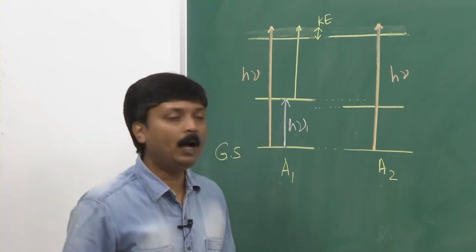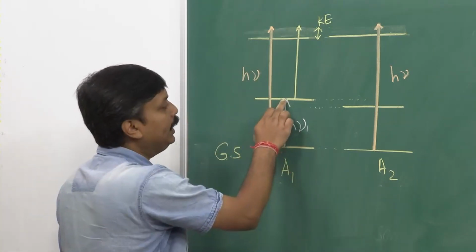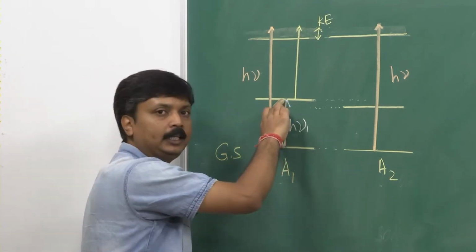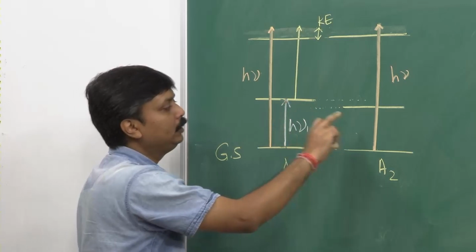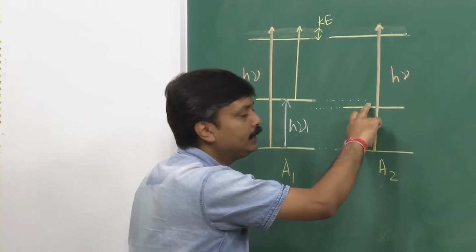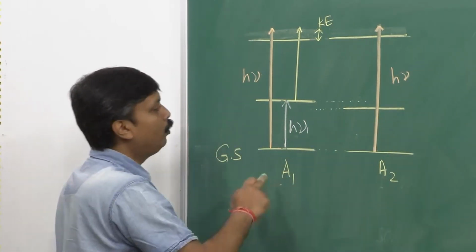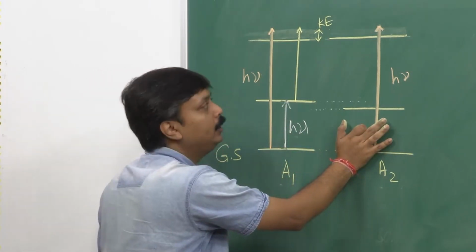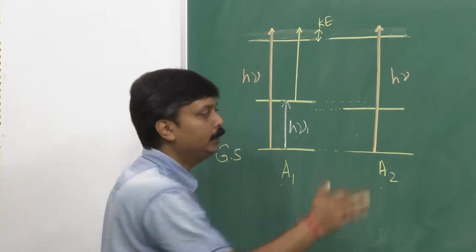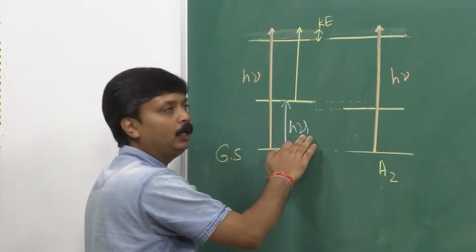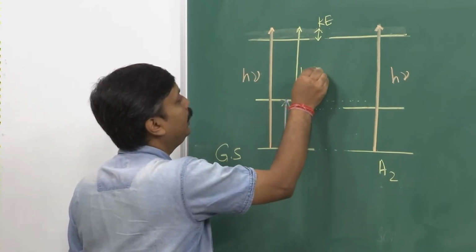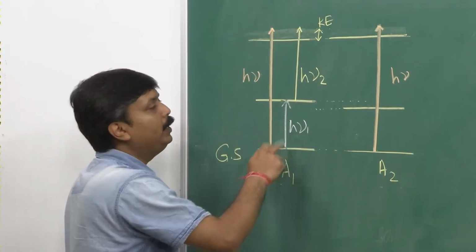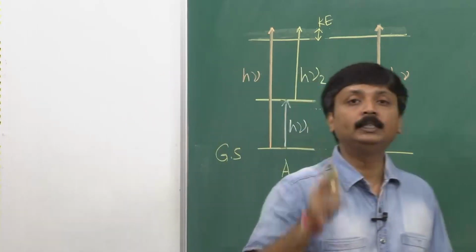That is exactly what I want, because this energy is right for this transition, while this energy is not the right one for this transition, correct. So I will not have a transition here, and I will not have photoionization for A2 if I use h nu 2. Then I will ionize one of the isotopes selectively.